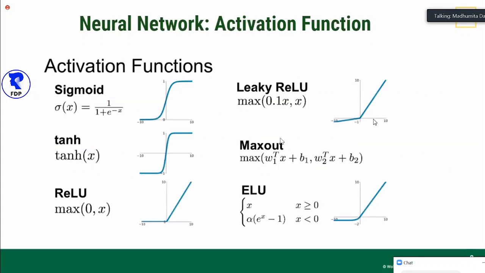The next thing we have is the activation function. As I did mention, the activation function is what separates a neural network from a general linear and logistic regression.